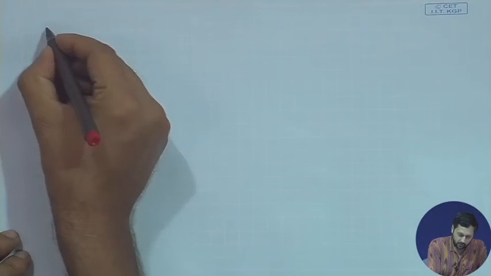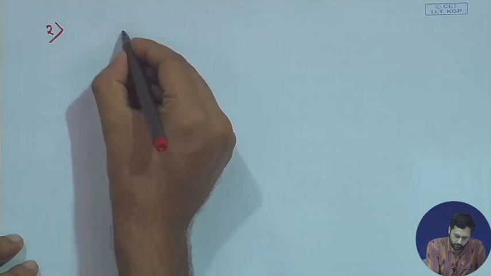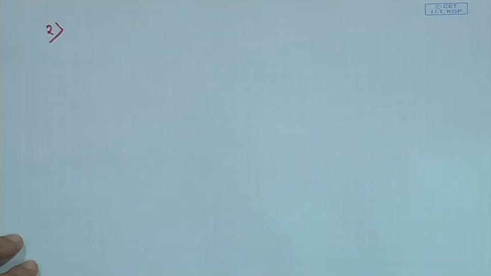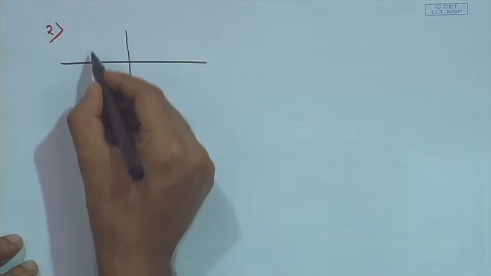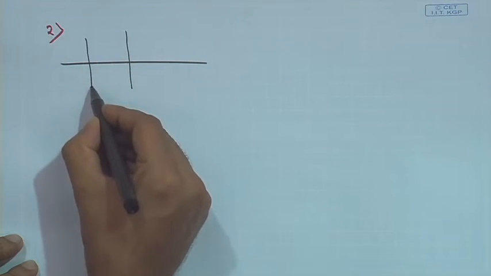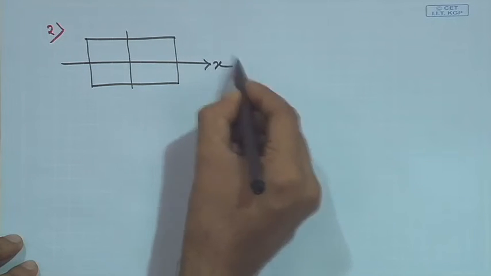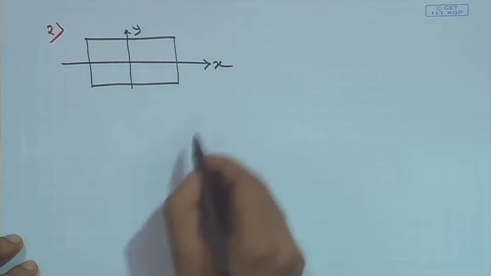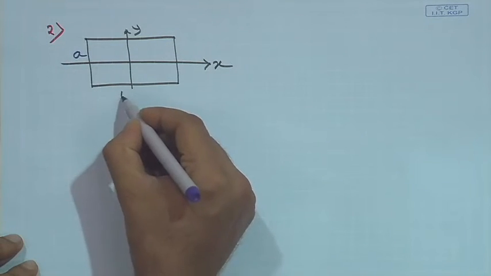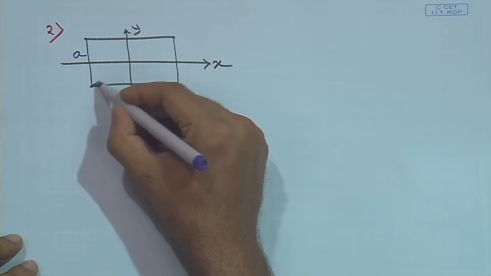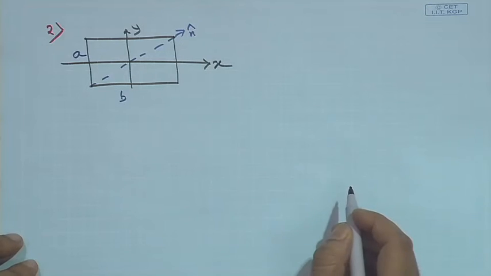Next we have problem 2. Now, for problem 2 we have our axis system, and this is my lamina. Okay, so we have x, we have y, and the sides are given by A and B, and this is my n capped, right.